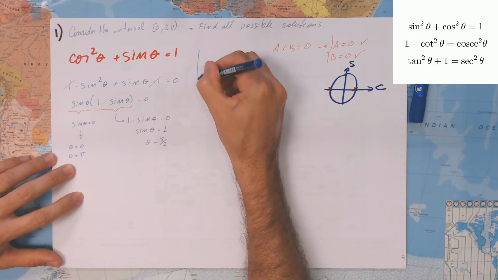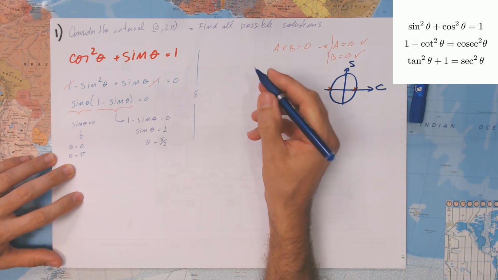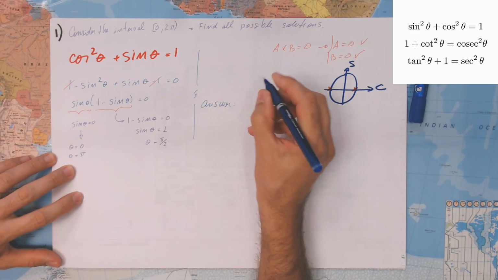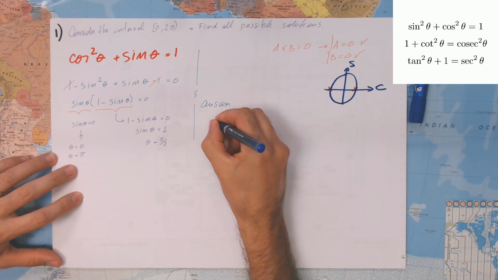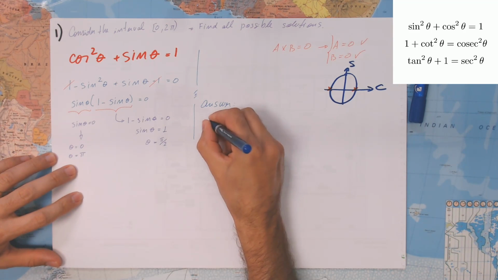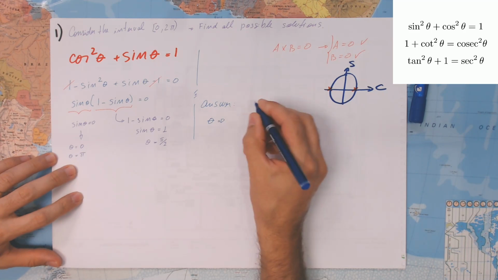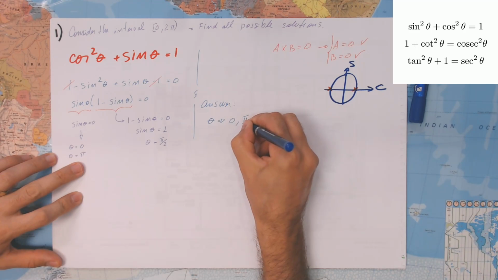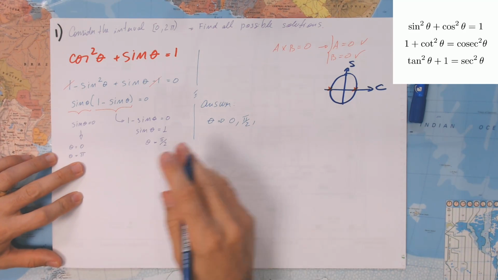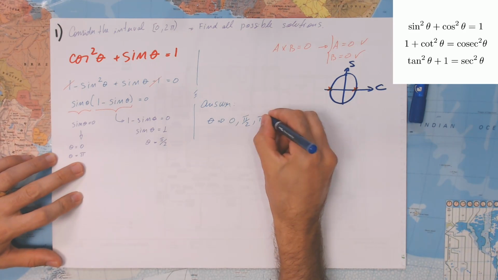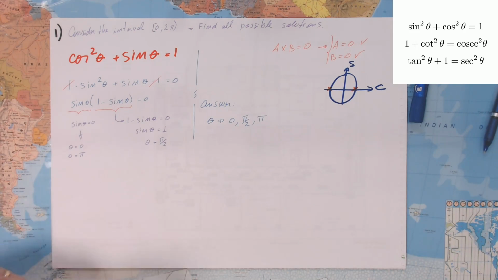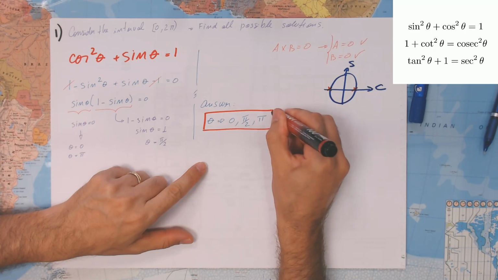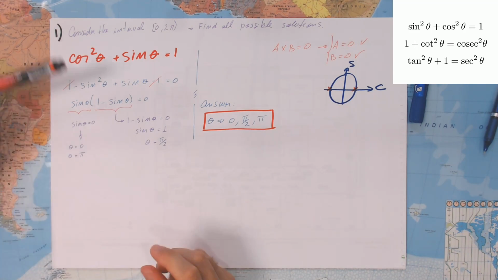So the answer to this question is going to be 3 values. So theta is going to be 0, pi over 2, let's put it in sequence, and then pi. All those answers are going to be correct. We'll have 3 possible solutions, okay?